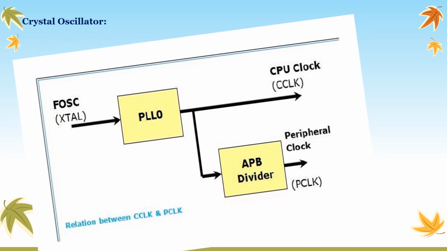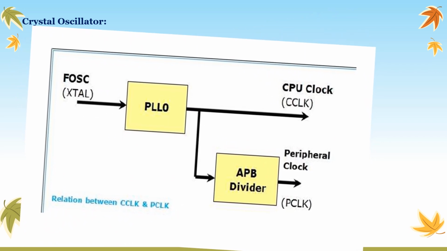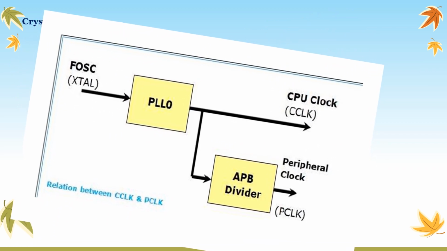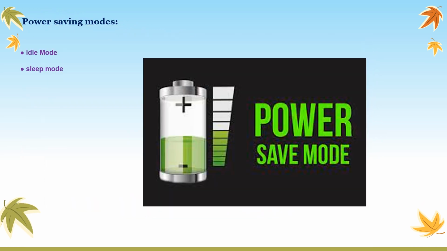The peripheral clock, PCLK, and CPU clock, CCLK, get clock input from a PLL or from an external source. It also has power-saving modes, like idle mode and sleep mode. In idle mode, only the clock provided to the CPU gets deactivated, whereas the peripheral clock remains active in this mode.